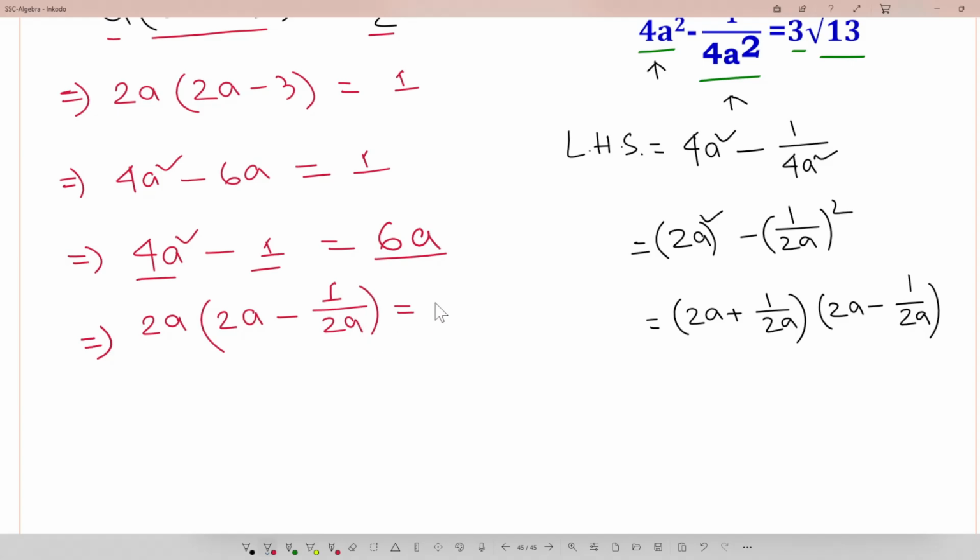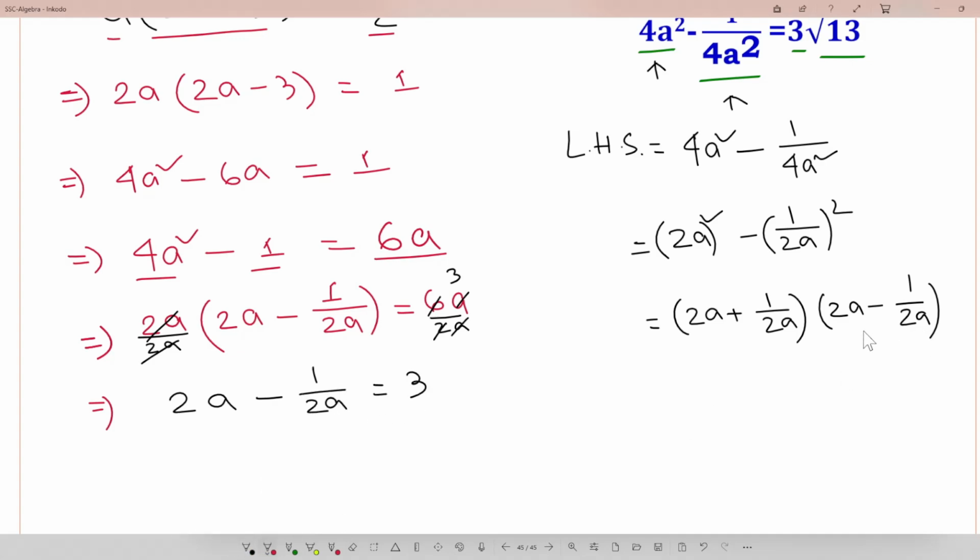And here is 6a. Now we can divide both sides by 2a. It means here is 2a and here is 2a. So 2a divide 2a, it will be out, and here is a and a, and 6 divide 2, it will be 3. So we can write 2a minus 1 by 2a equals 3.